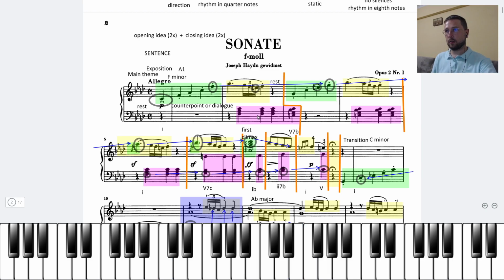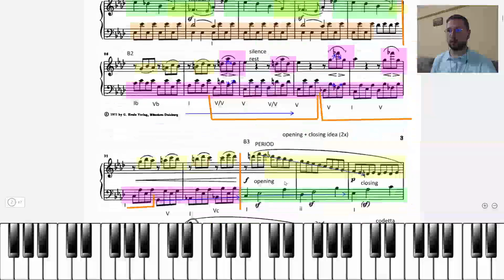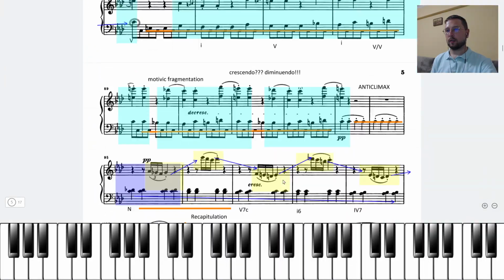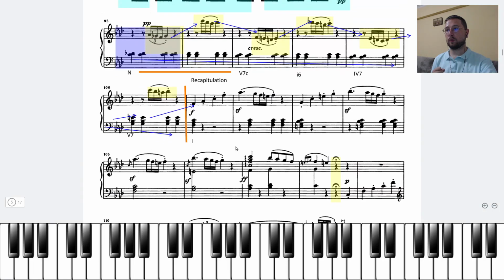Right, so that was the theme. Now Beethoven removes the pickup and does block chords here, which really sounds very different, because originally the theme was in piano, now it's forte.